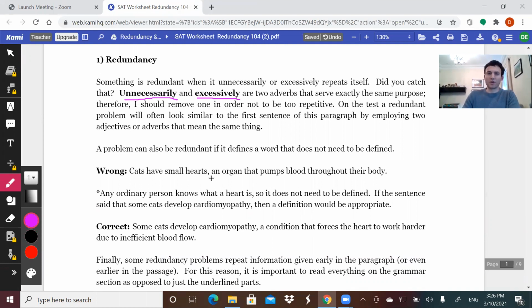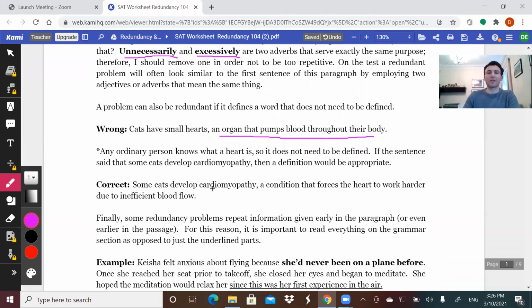Also, you don't want to just state the obvious. So, cats have small hearts, an organ that pumps blood throughout their body. Well, any human knows what a heart is, so it doesn't really need to be explained. That said, if you say small cats develop cardiomyopathy, then an appositive that explains what cardiomyopathy is is necessary. So something's problematic if it states the obvious or repeats something that the reader already knows. It's already been given.